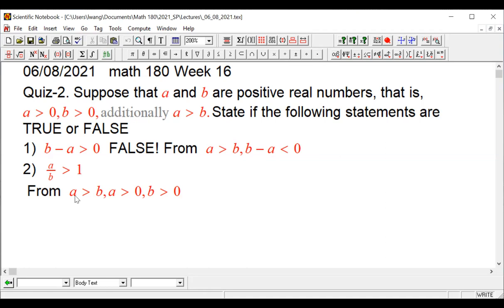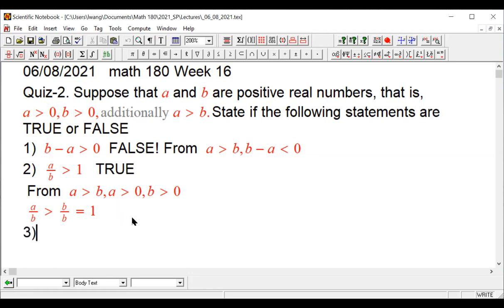How do we make A divided by B? Well, you divide both sides by B. B is positive, so we don't need to switch the inequality. It's really just an algebraic operation. B divided by B is equal to 1. So A over B is larger than 0. So A over B is positive. So this is why this is true. You can see typically it's just a one-step deriving.